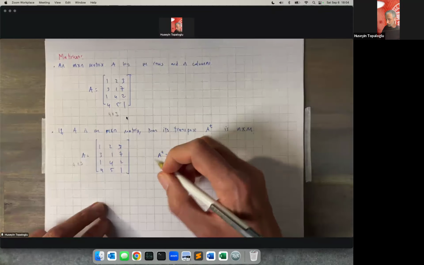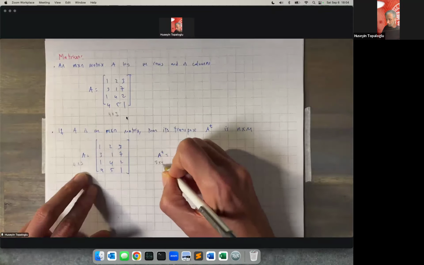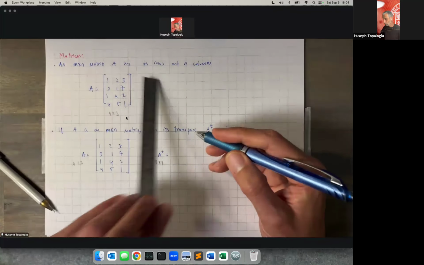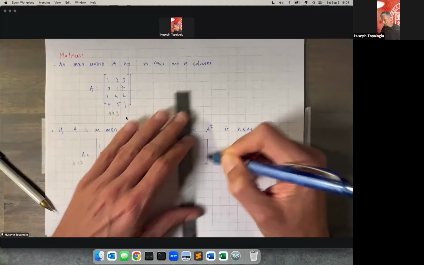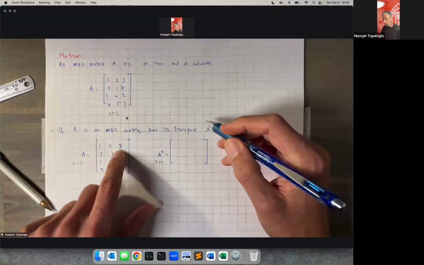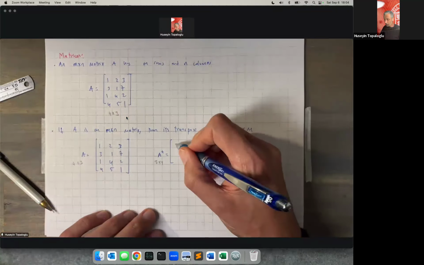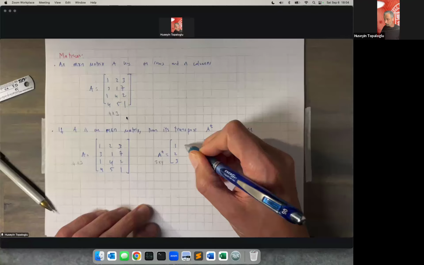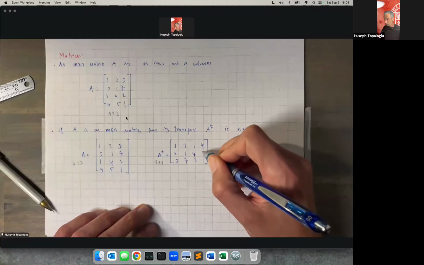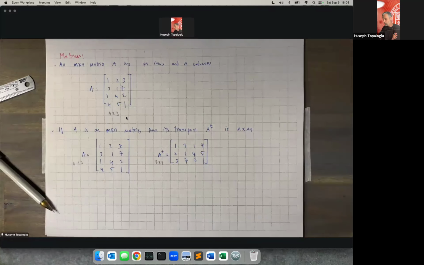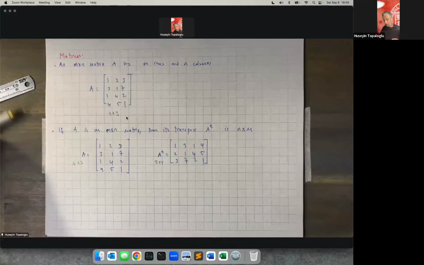When I write down the transpose of this matrix, it's going to be a 3 by 4 matrix, 3 rows and 4 columns, and the rows of my original matrix are going to be its columns in the transpose. Good, so this is how we write down the transpose of a matrix.